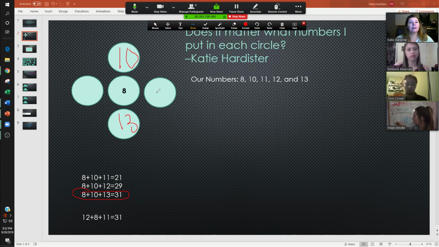It doesn't really matter as long as that center number is one of the numbers that we'd use.